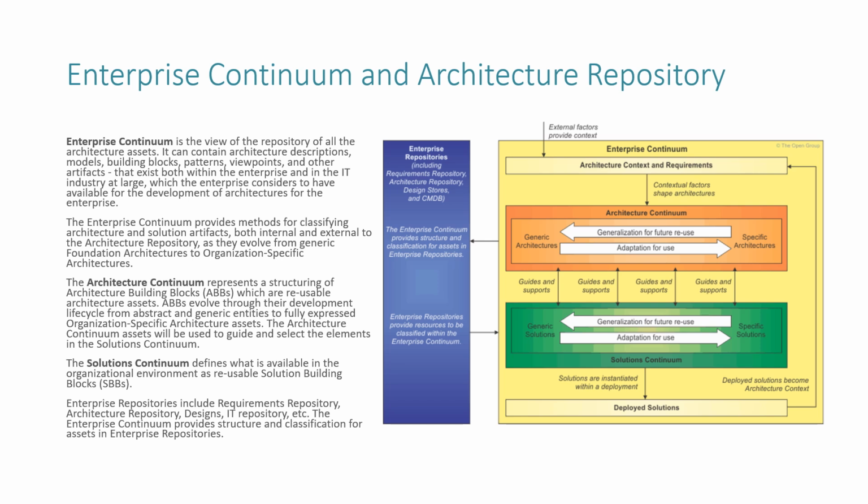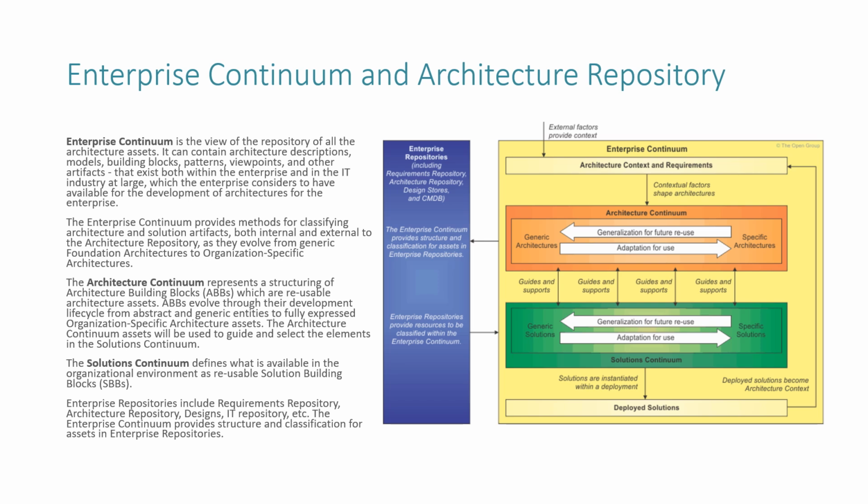And the enterprise continuum provides the classification method for how we classify all those things. The enterprise continuum has two parts: architecture continuum and solution continuum. The architecture continuum has all those architecture building blocks, and the solution continuum contains all those reusable solution building blocks.